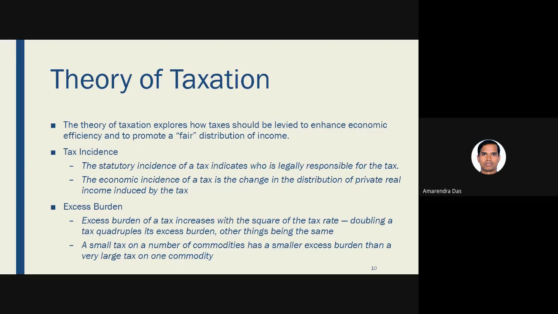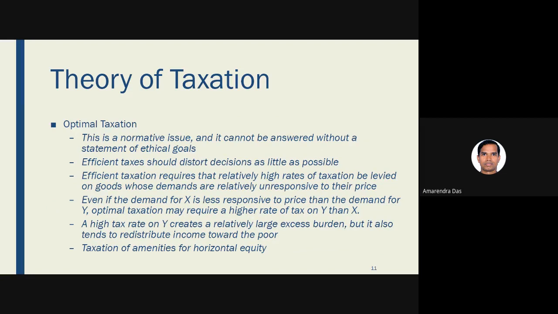The amount of tax would not be equal. That I will discuss in the theory of optimal taxation, so that it will be clear for you. But remember, in optimal taxes, what we try to do is that the government's objectives should be fulfilled, but the excess burden should be minimized.